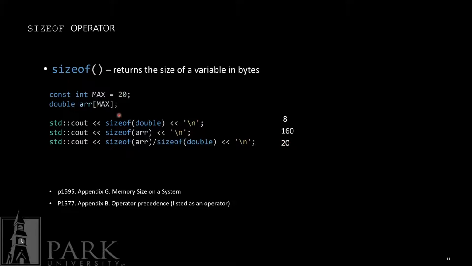So there's 20 elements in this array. And of course, the textbook has more information on the sizeof operator, so you can look in Appendix G and see how it's listed as an operator. It is in fact an operator.